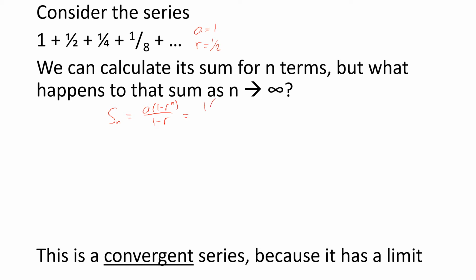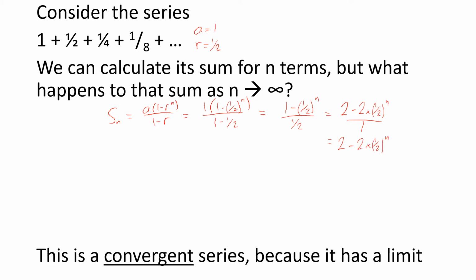Subbing in a is 1 and r is a half, we can tidy this up: 1 minus a half to the power of n, all over a half. Doubling it, this is 2 minus 2 lots of a half to the n, all over 1, so just 2 minus 2 lots of a half to the n.